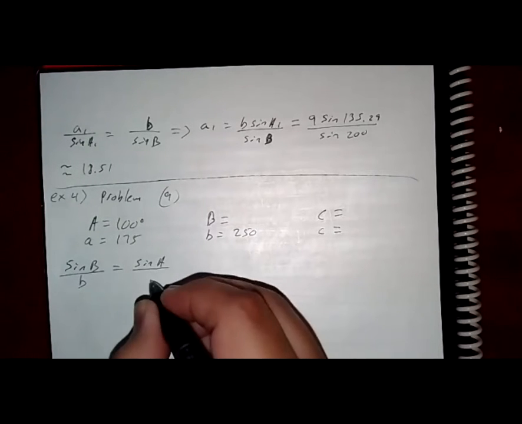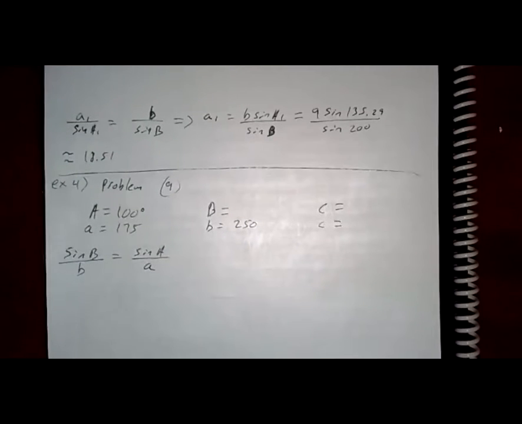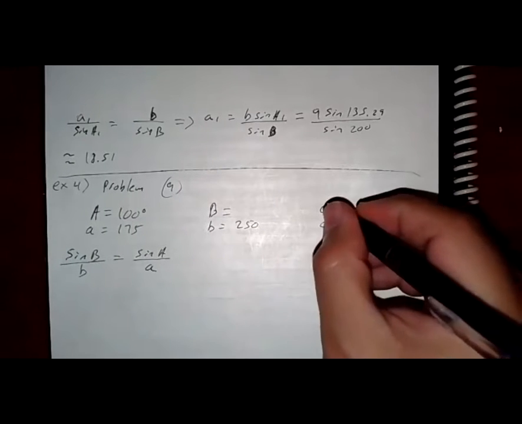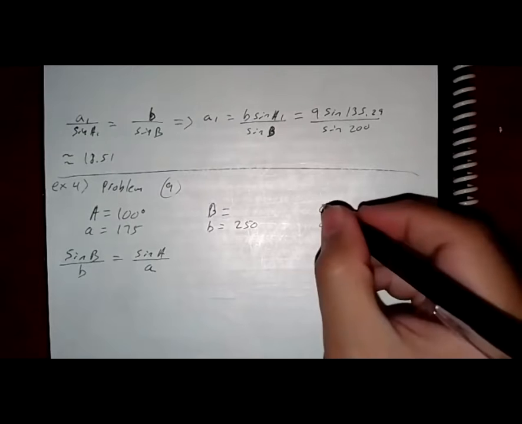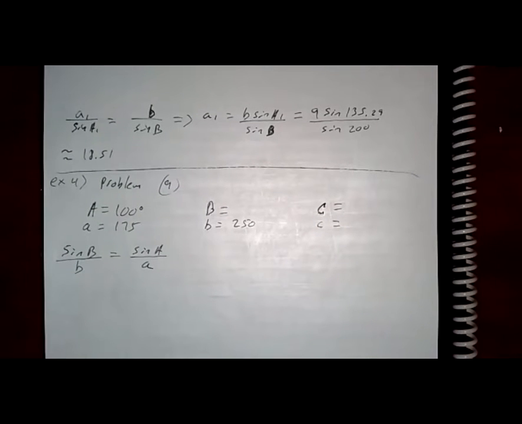Maybe we should start using D's and not C's because I can't tell the difference between my C's either. Yeah, I know. Maybe we could put a little spike on it or put a bar on top. C bar.